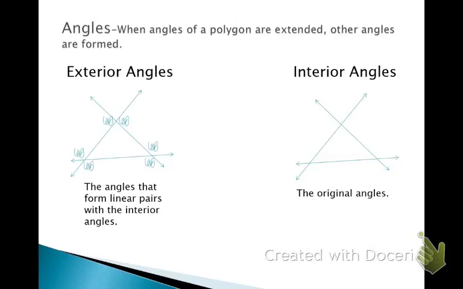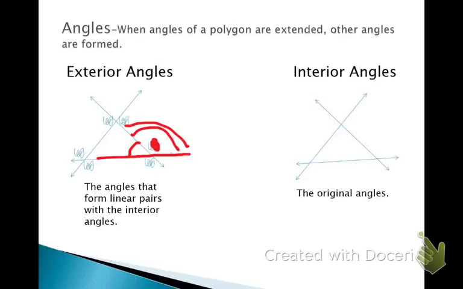I take an interior angle, and I combine it with this angle. They make a line. It forms a linear pair. So that angle is an exterior angle to the triangle.